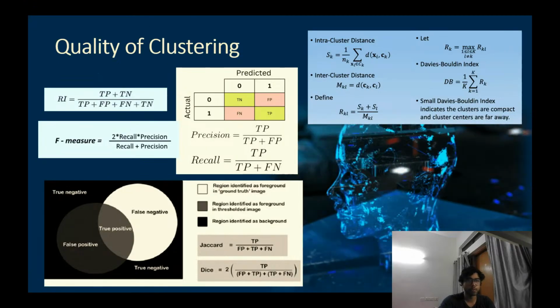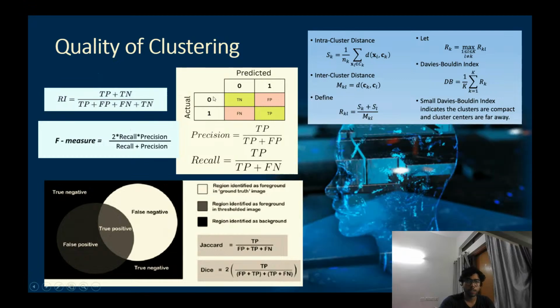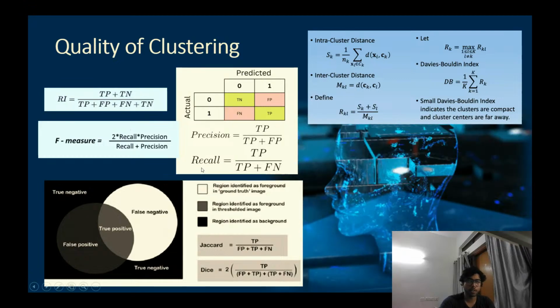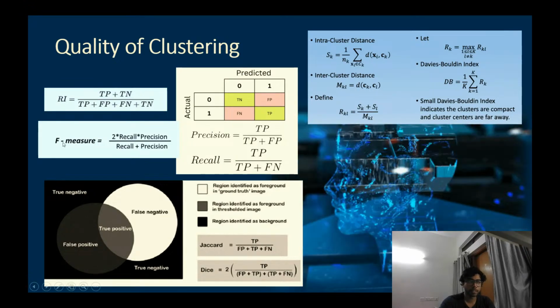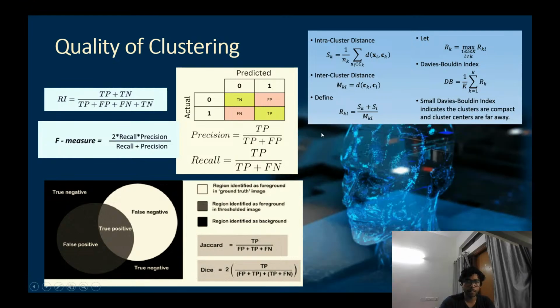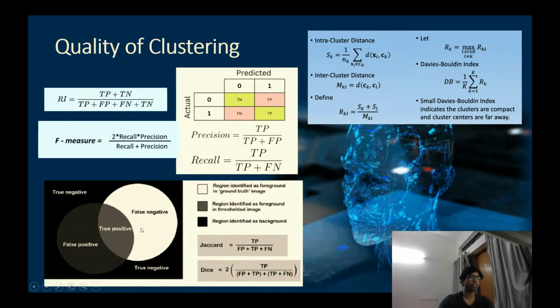So again, just to recapitulate, we discussed precision, recall, Rand index, F measure, Jaccard index, Dice index, and DB index. So these are some of the measures.